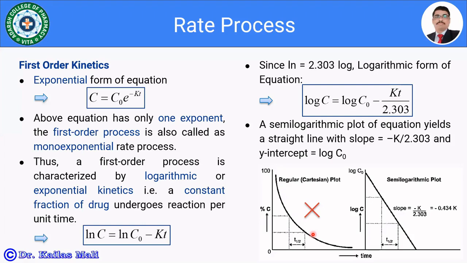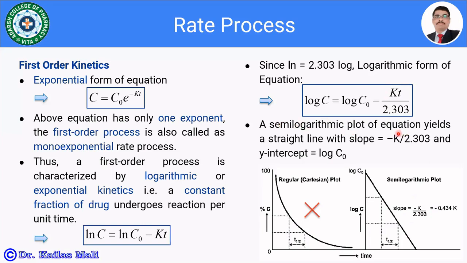Either we have to do the logarithmic conversion or use semi-log paper in order to linearize the data, so as to get an idea about the rate constant, that is k. So it becomes very easy to get an idea about the first order rate constant.